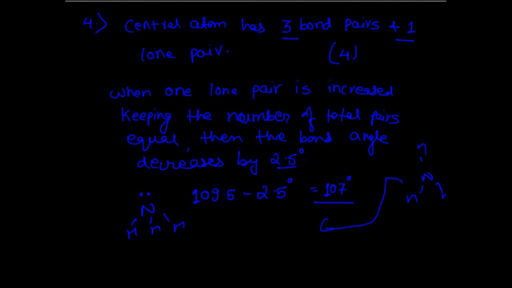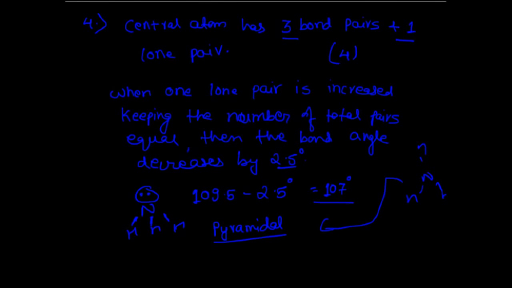So here we can see that nitrogen has 3 bond pairs, 1 bond pair, this one, and another bond pair here, and the next one here, 3 bond pairs and 1 lone pair. So due to the presence of 1 lone pair, our bond angle decreases by 2.5 degrees and the shape of this compound is pyramidal.